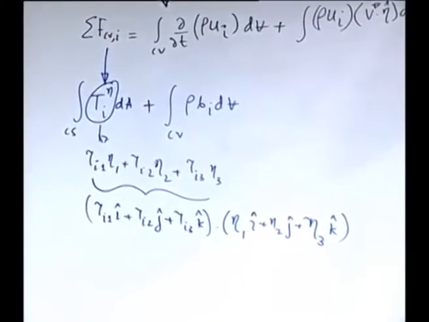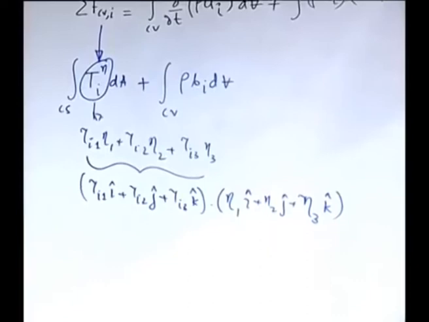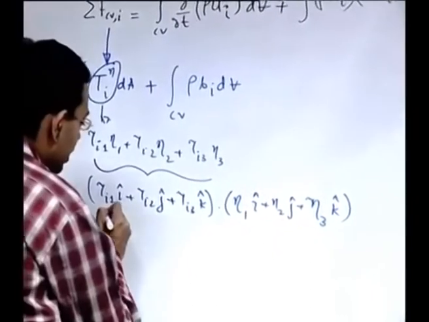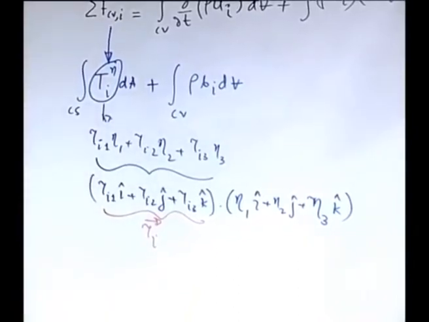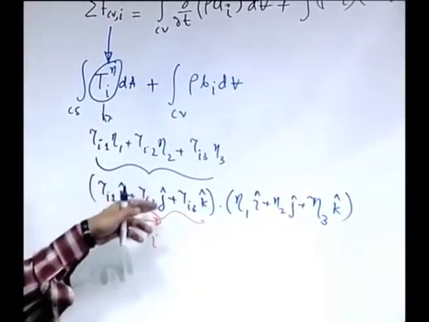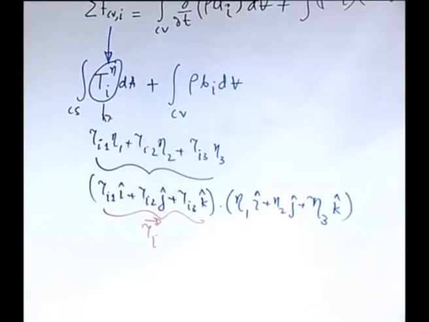So, this is the first vector, let us give it a name, vector tau i. This is just a name that we are giving, which has components tau i1, tau i2 and tau i3.